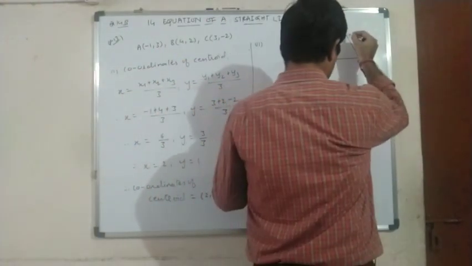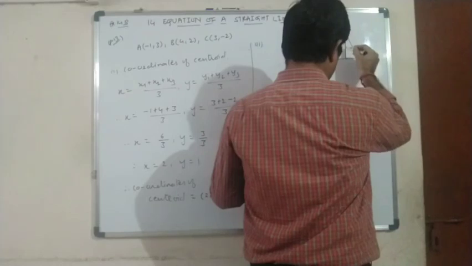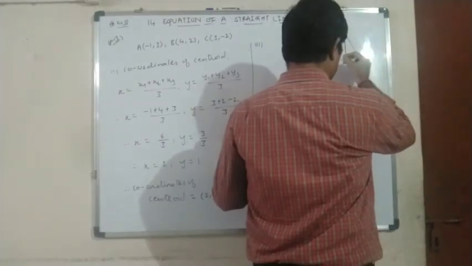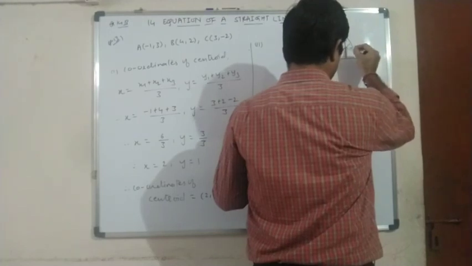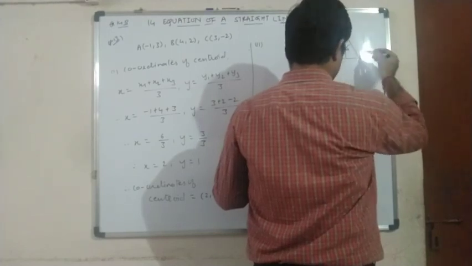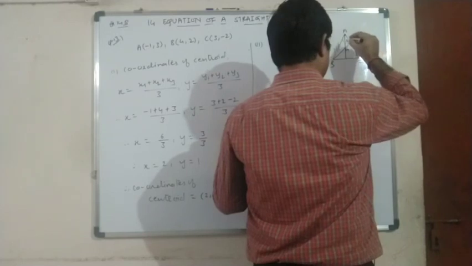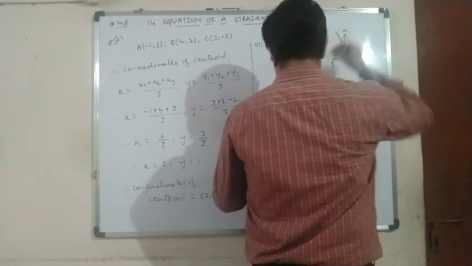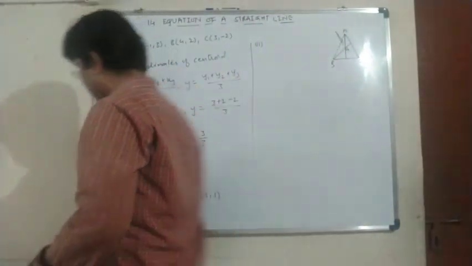Okay, what is the centroid? We know now very well. It is the point of intersection of the medians. Yes or no? So we have calculated G. Now we have to find the equation of a line which is passing through G and parallel to AC.